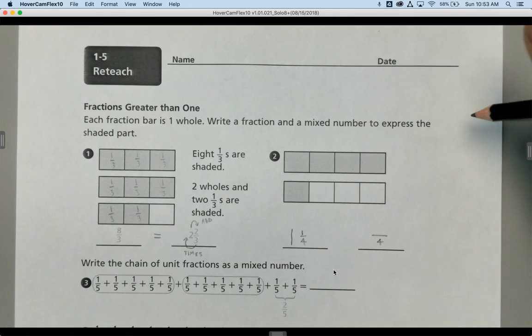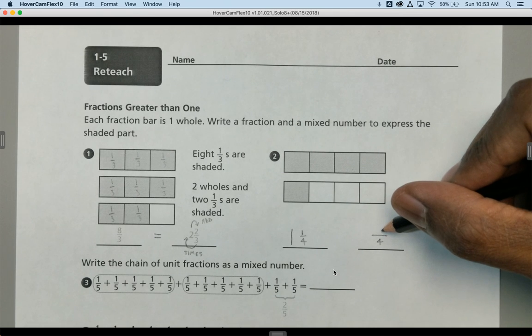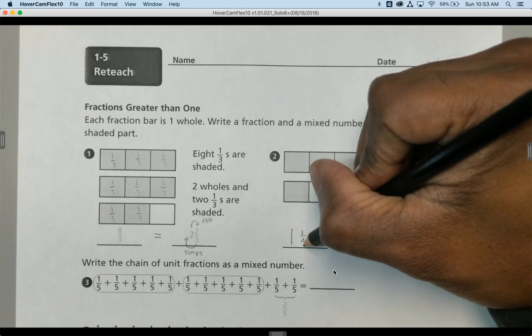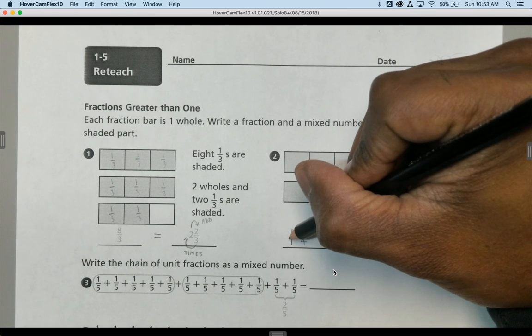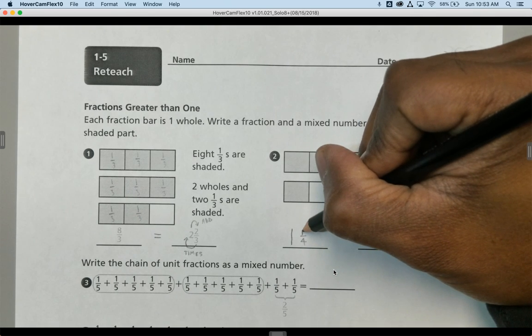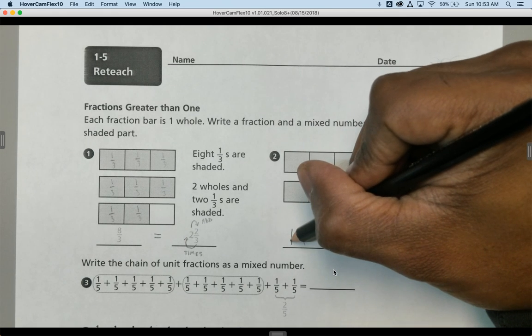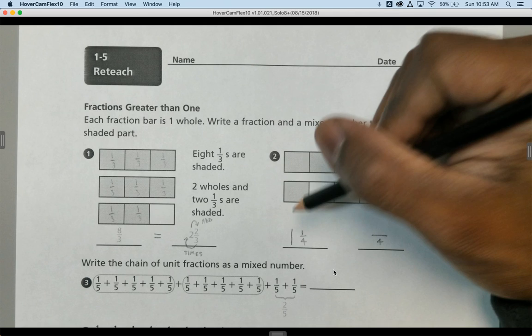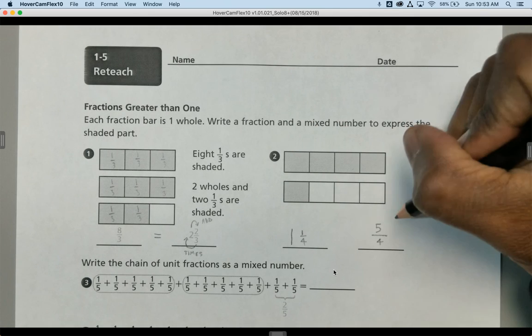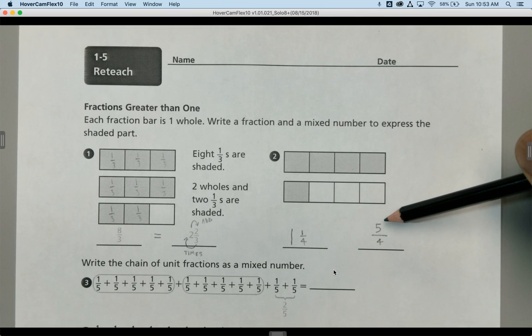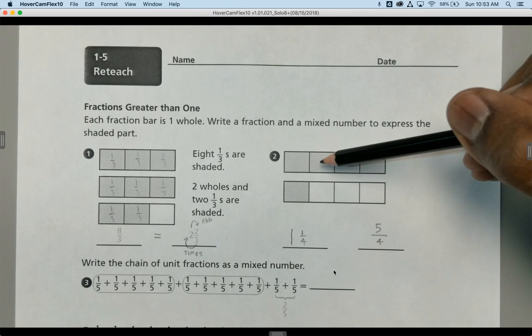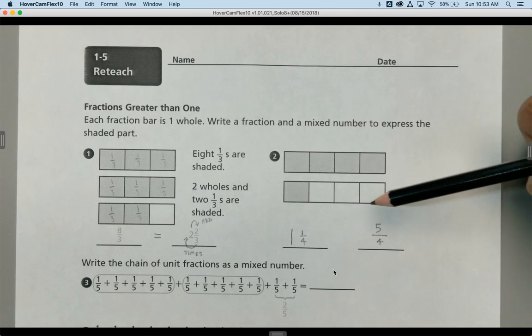To figure out the numerator, I'm going to take my denominator, 4, multiply it by the big whole number 1, and then add the numerator, or add the 1 that's left over at the top. 4 times 1 is 4, plus the 1 on top is 5. And we can check this with the visual model. Does this make sense? 1/4, 1/4, 1/4, 1/4, 1/4, 5/4.